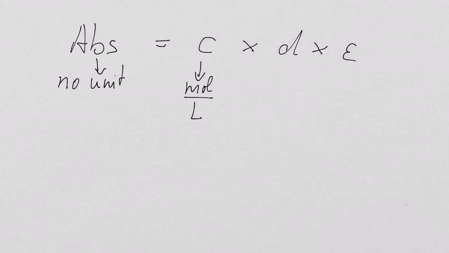So what you usually use in your experiment is one of these cuvettes, which you have worked with already. Yeah? And they are usually standardized so that the path length is 1 centimeter. So here the unit would be centimeter.